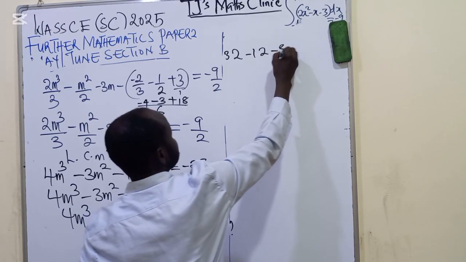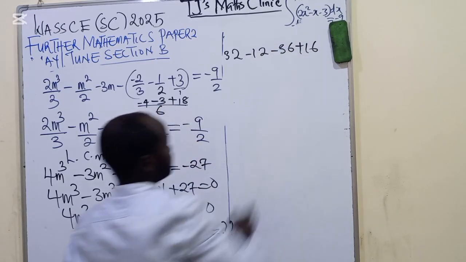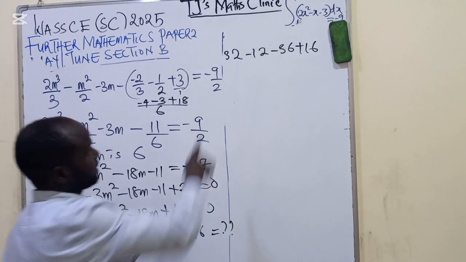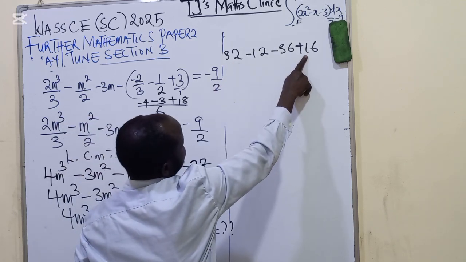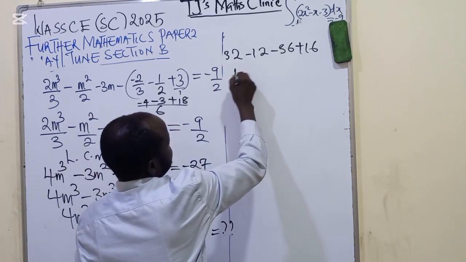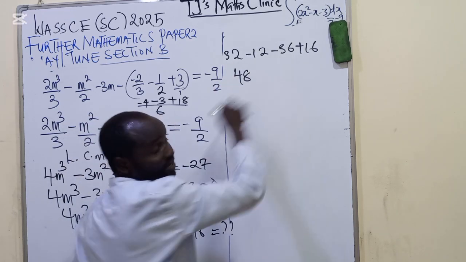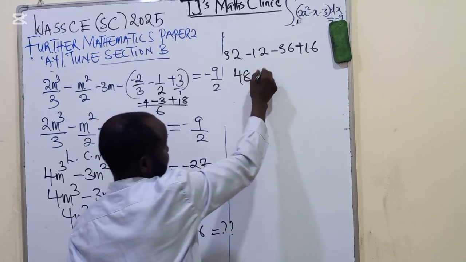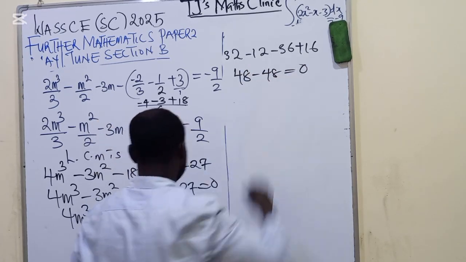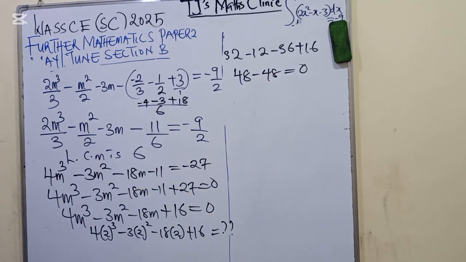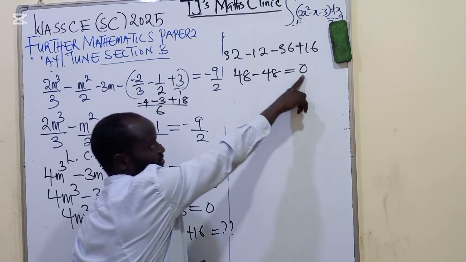Then minus 36 plus 16. We can add 32 plus 16, that will be 48. That will be 48 minus 12 minus 36, that's 0. So when m is 2, the left hand side will be 0.